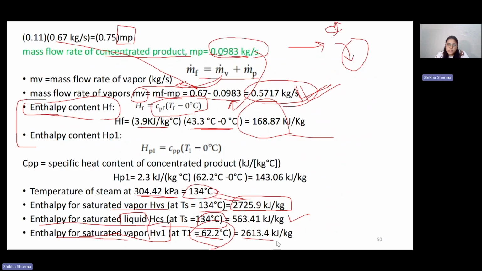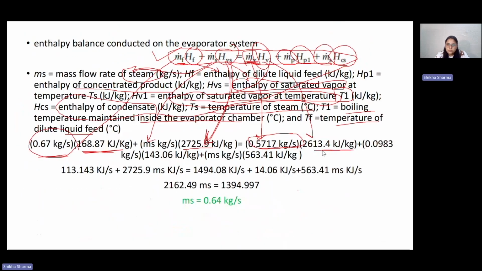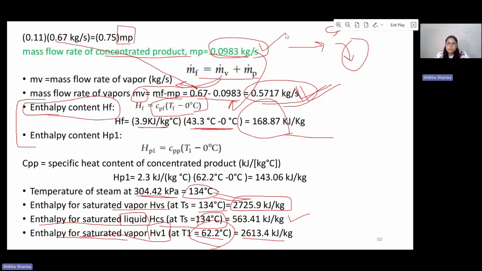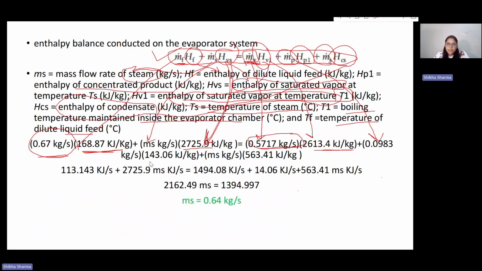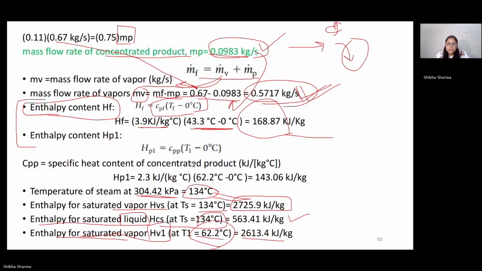is 2613.4 kilojoule per kg, plus the concentrated product mass flow rate, which is 0.0983 into its enthalpy. Here we calculated the enthalpy of the concentrated product, which equals its specific heat into temperature.